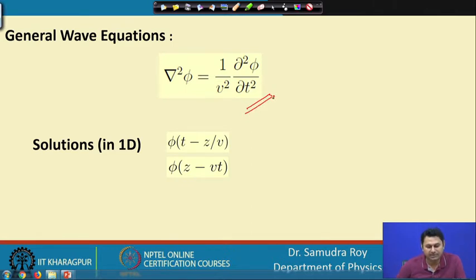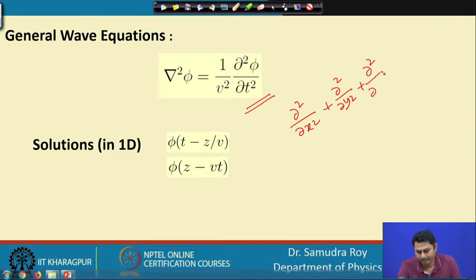Grad square phi equals 1 by v square del 2 phi del t square. This is the generalized form, where v is the velocity and t is time, and the grad square operator in 3 dimensions is something like this. This is the operator form, and it will operate over some function phi, which is a function of x, y, z and t.